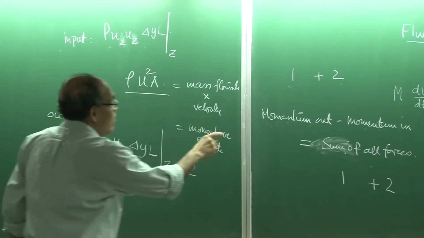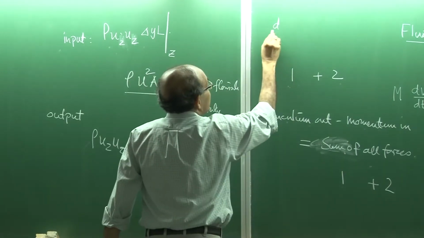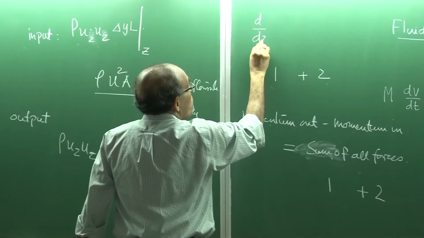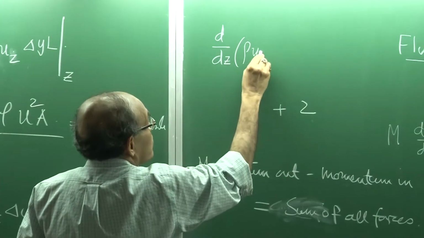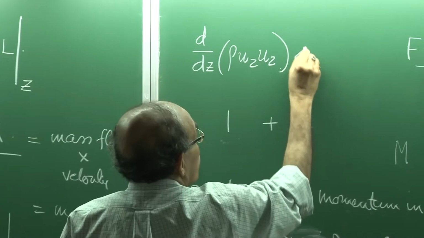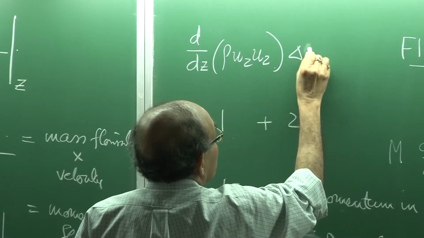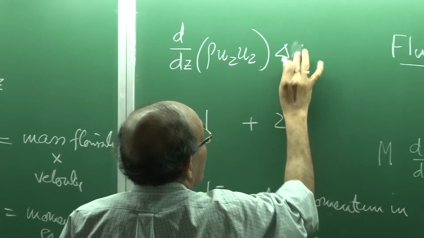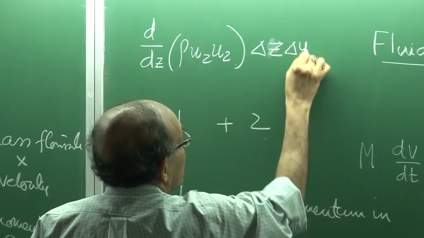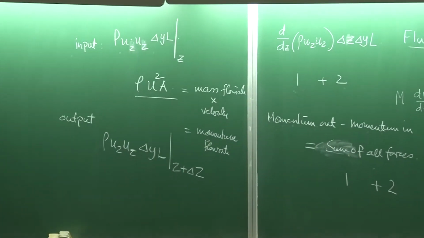So therefore, the first term that I am going to get here is going to be essentially delta z, delta y, and L. That is the term I am going to get.